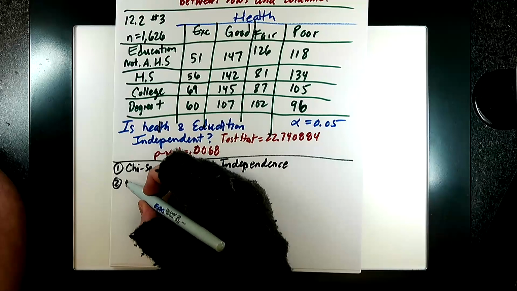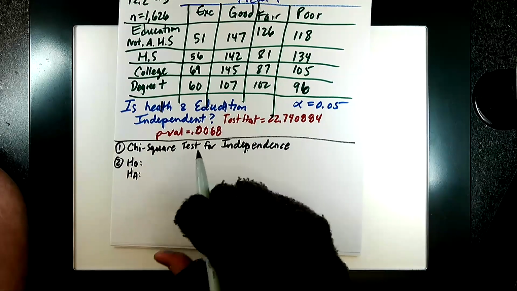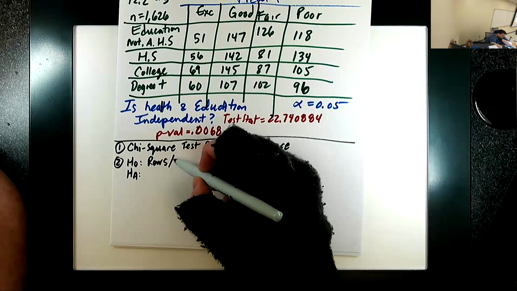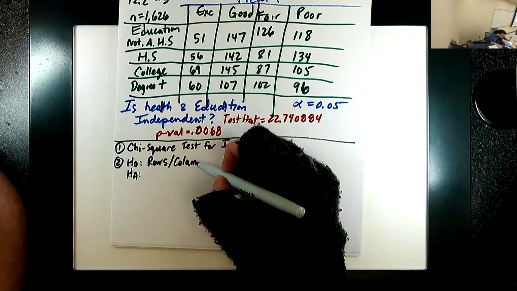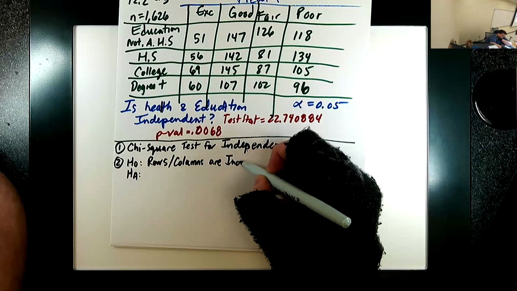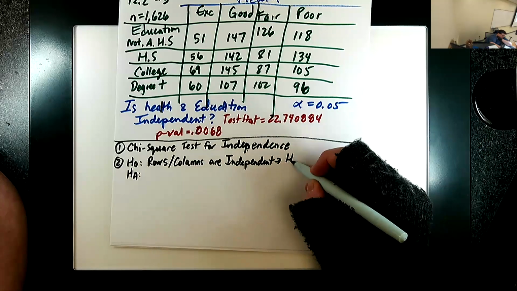Step two is give me H naught and HA. H naught is rows and columns are independent. Here, that means health and education are independent.